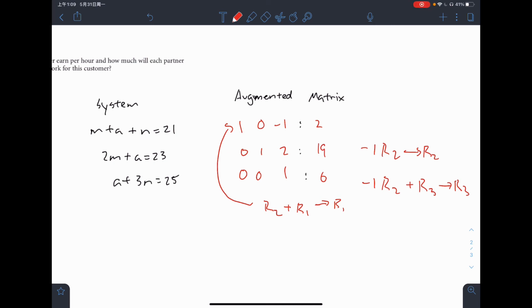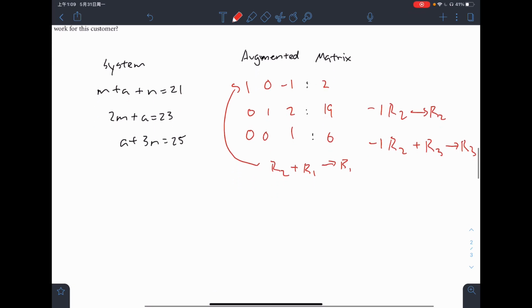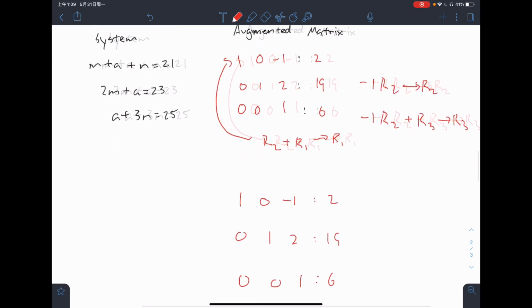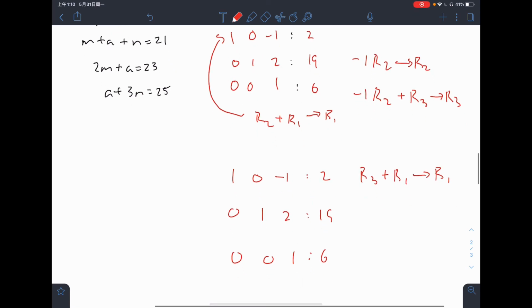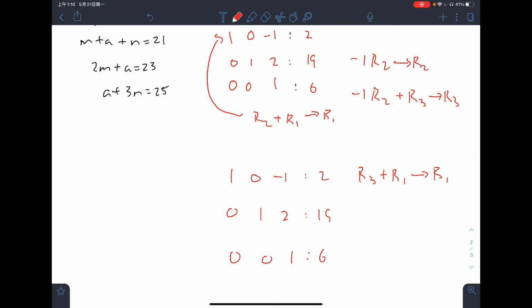And then inspect column 3. For row 1, change the entry to 0 with this equation, R3 plus R1, and it would be 1, 0, 0, and 8.